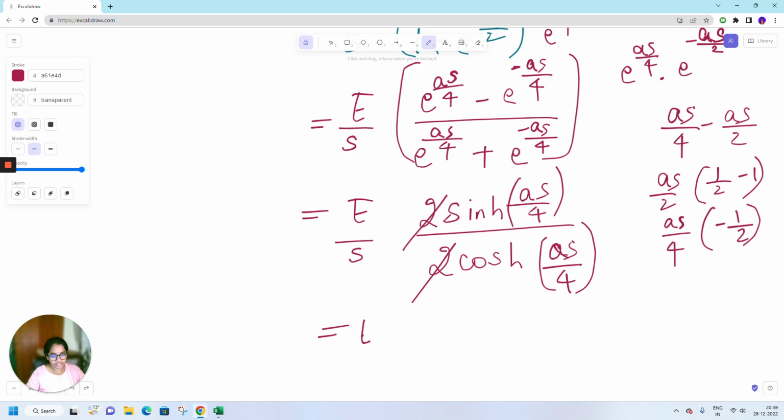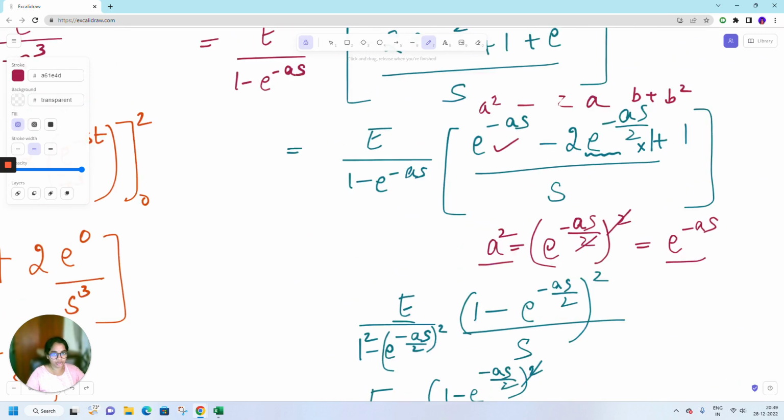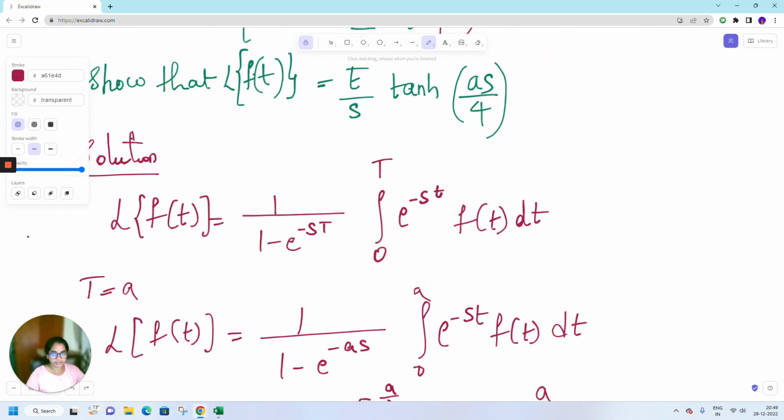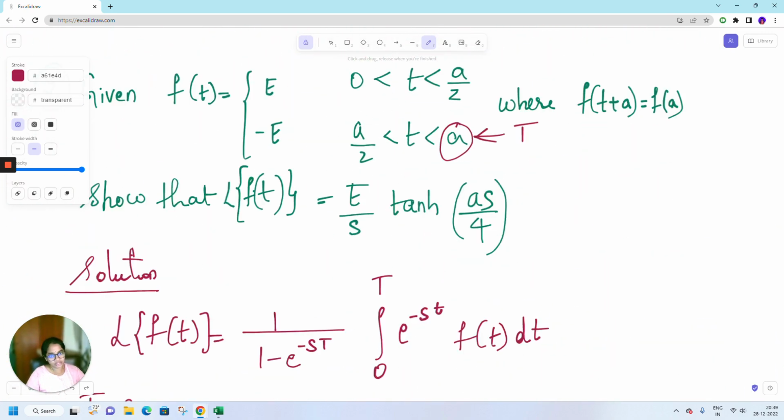I would have e divided by s. Sine by cos is tan hyperbolic s by 4. This is what we had to show. Clearly, this is what we had to show.